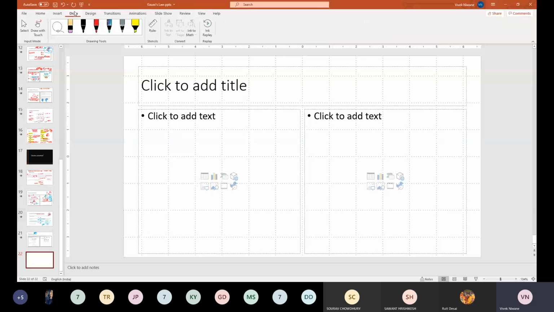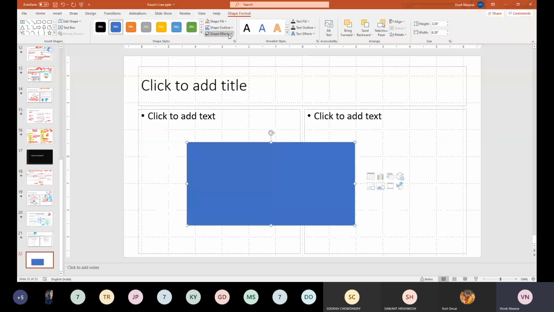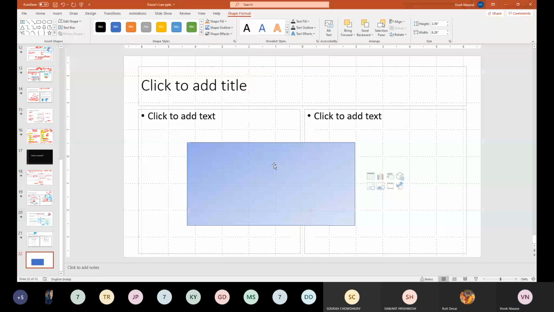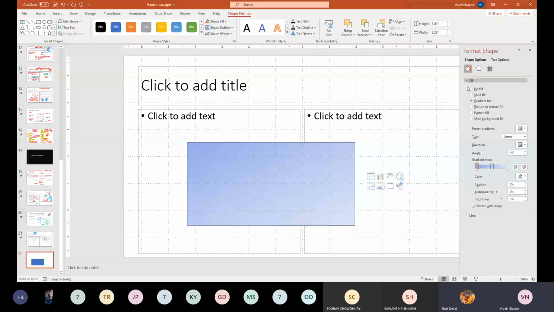If I draw a rectangle, insert a rectangle. Now we can have the gradient. You can see the gradient.